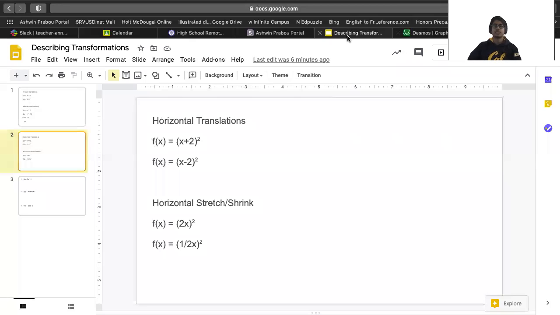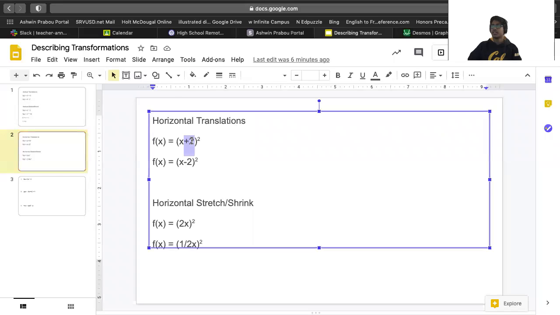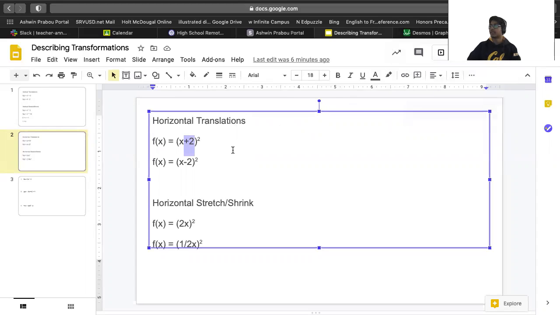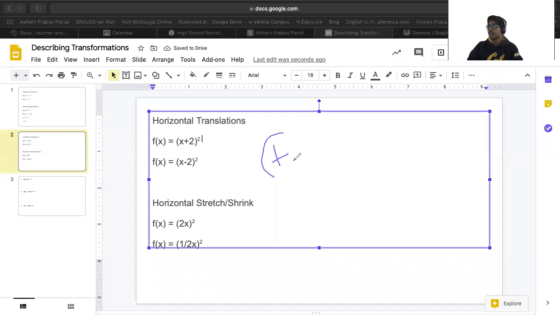Now, a lot of people usually confuse this, and so I'm telling you now so that you don't confuse it later. Because you have a plus 2 here does not mean that it is going to move to positive 2 on the graph. The original equation, I'll just annotate it right here, is kind of like x minus k.